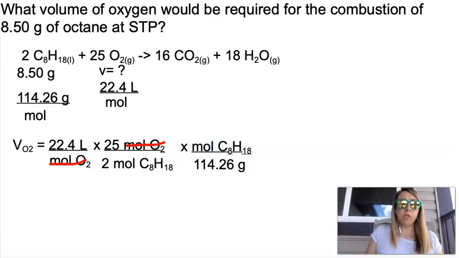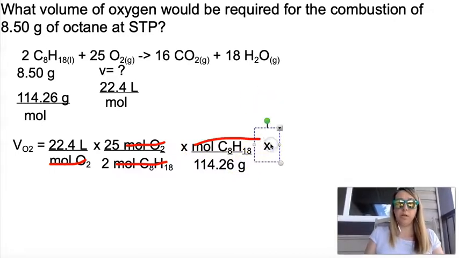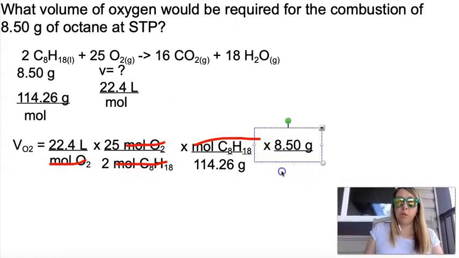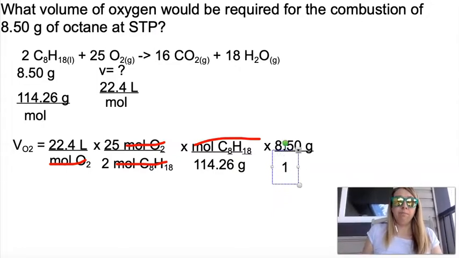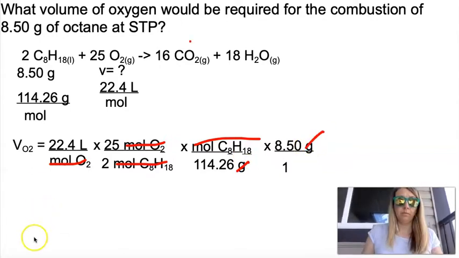So the next unit we've just canceled in doing that is moles of octane. The last unit to get rid of is the grams of octane. So we can just times by that 8.50 grams, put that over 1, okay? So now we have a look at our units. Everything cancels, just a matter of plugging this into our calculator and getting our answer.